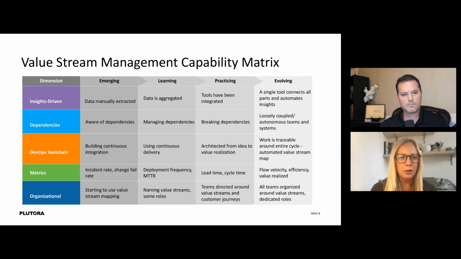You and I had a little bit of discussion because I insisted on sticking change fail rate in the emerging category, and you're not convinced that all people that are at the emerging level are there yet, are you? I am not.